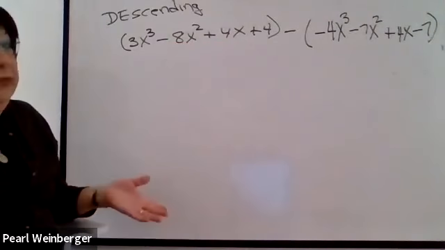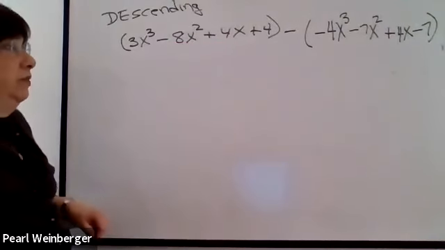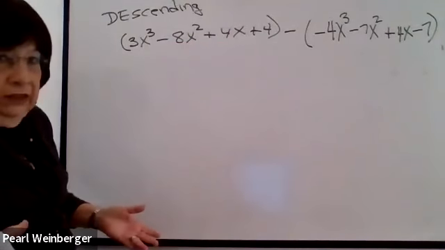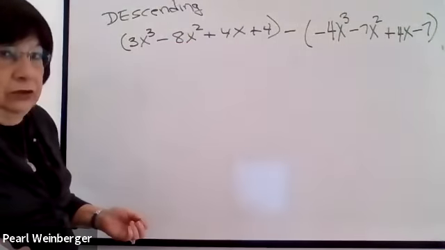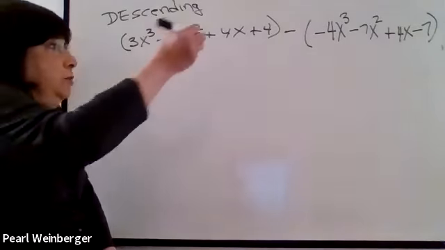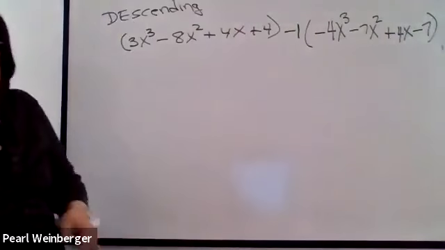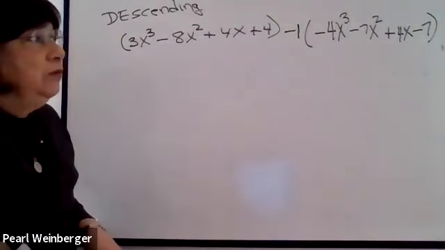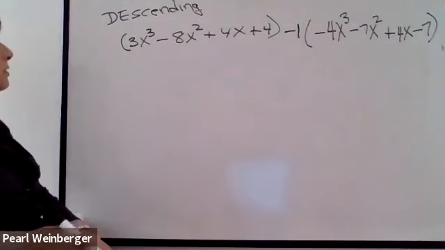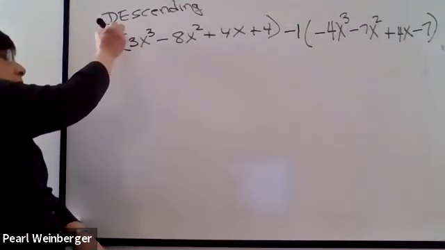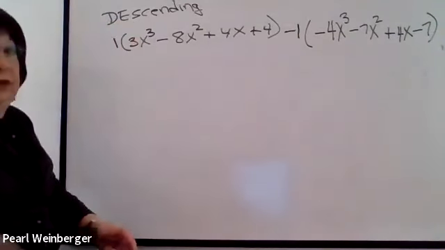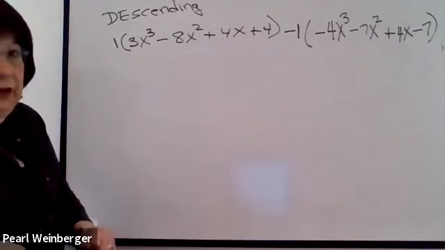Now we've done this before. When we have a negative in front of a parentheses and there's no number there, we understand that the number there is understood to be a 1. It's as if there's a negative 1 in front of that second parentheses. In front of this first parentheses, there's no number, so that's just like a positive 1.